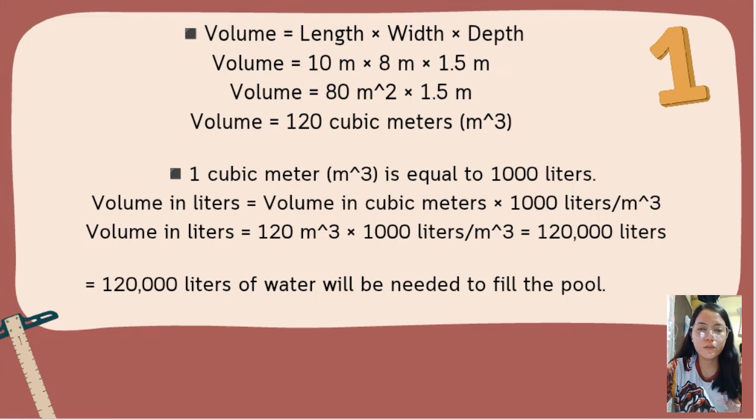To convert cubic meters to liters, 1 cubic meter is equal to 1,000 liters. Volume in liters equals volume in cubic meters times 1,000 liters. So the volume in liters equals 120 times 1,000, which is 120,000 liters. Therefore, the needed amount is 120,000 liters of water.